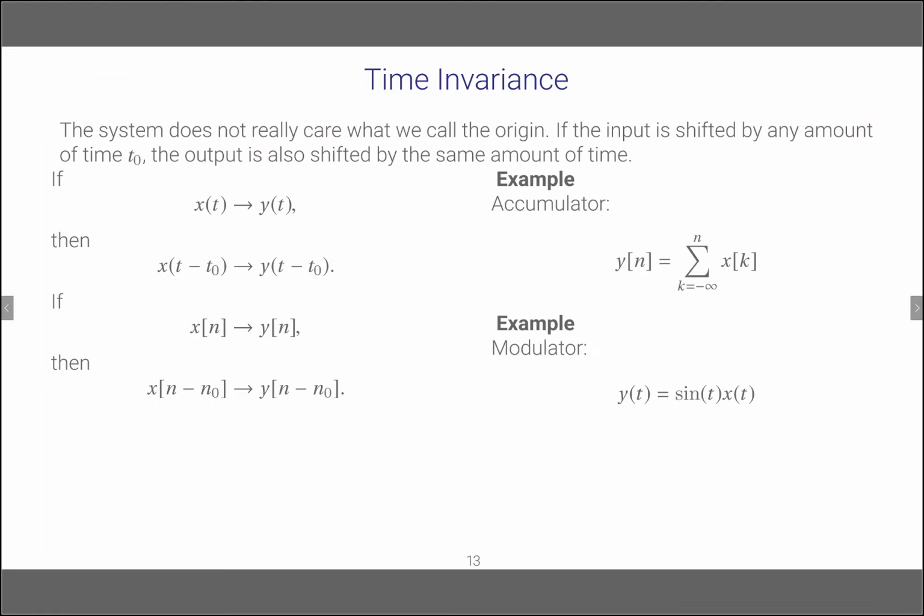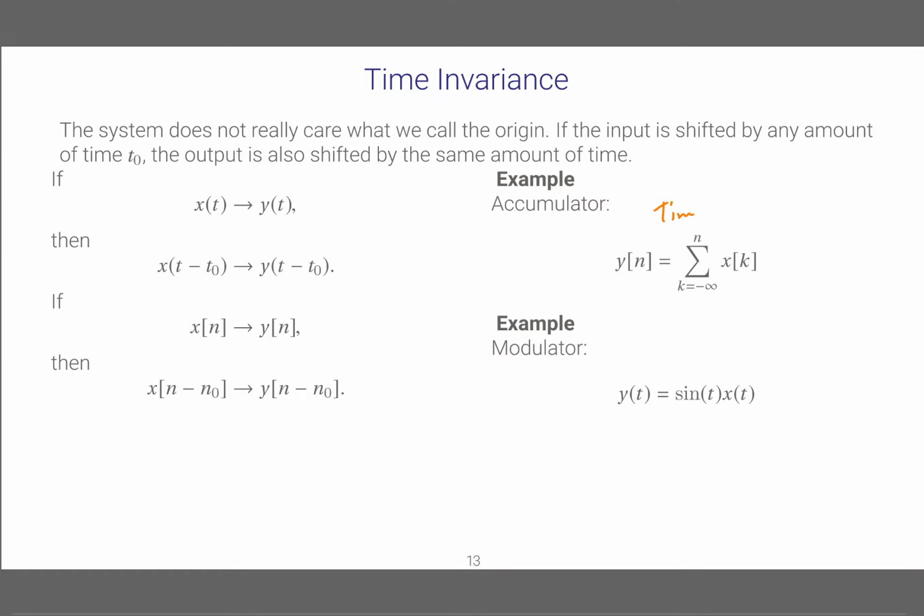Okay, let's take examples. The accumulator. Intuitively, if you just shift these inputs, the accumulator keeps on adding these inputs. If you just delay the inputs, the output is also correspondingly delayed. Therefore, the accumulator is time invariant.